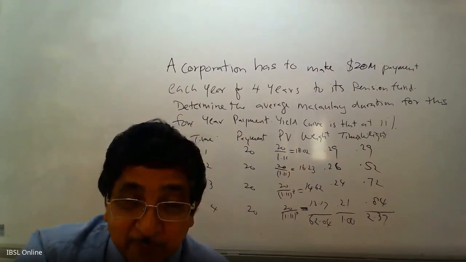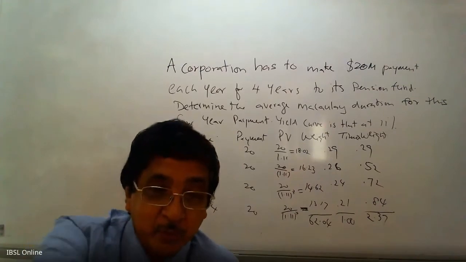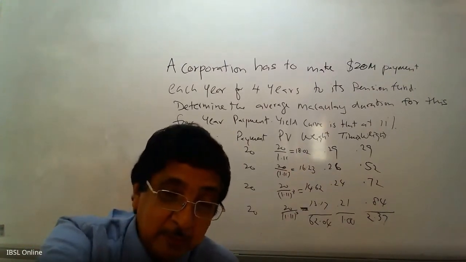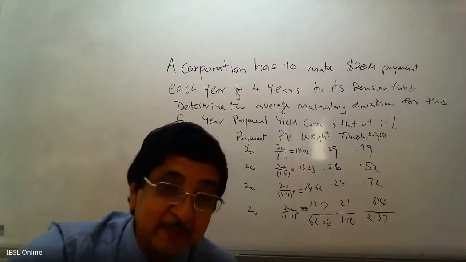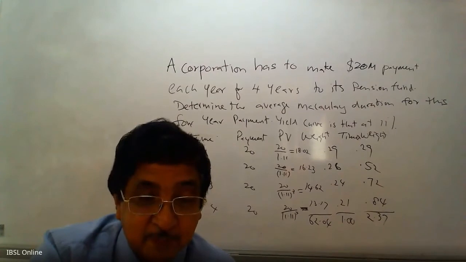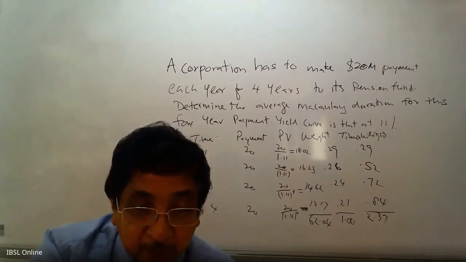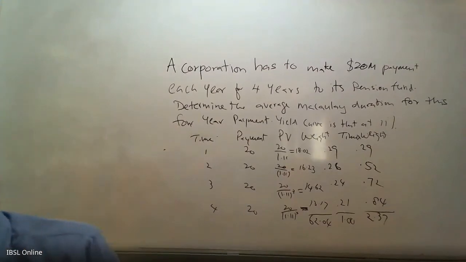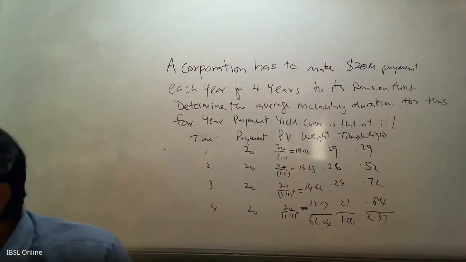So in order to immunize these payments, you need to have receivables for you. The decided receivables are 2-year bonds and 5-year bonds, zero coupon bonds with 2-year and 5-year maturities.